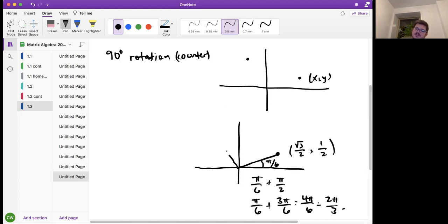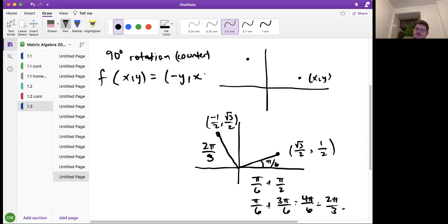Yeah, this goes to 2 pi over 3. And this point here is negative 1/2 and radical 3 over 2. And we can see in this particular instance it is negative y, x. Okay, questions on that?